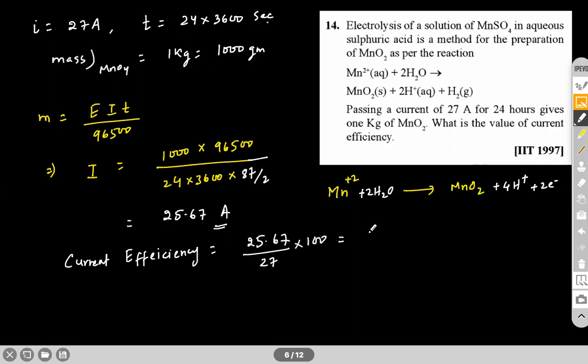When you solve this, you'll get approximately 90% current efficiency. Got it?